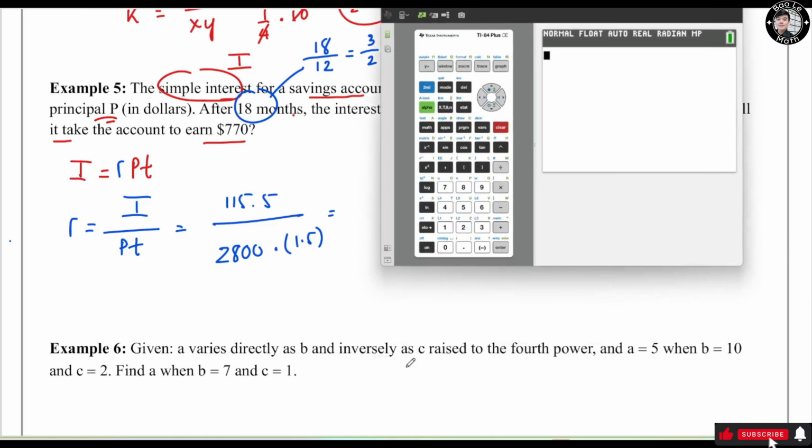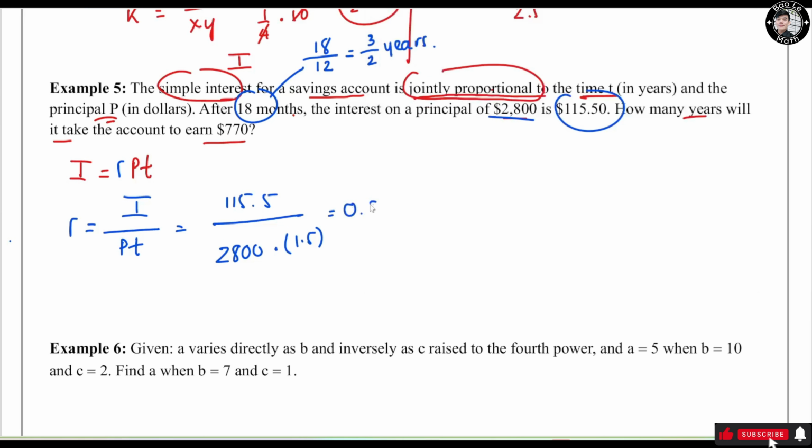Now we're going to punch it into the calculator. It's going to be 0.0275. Alright, how many years will it take the account to earn $770? We're going to use the formula again. I equals r times p times t.